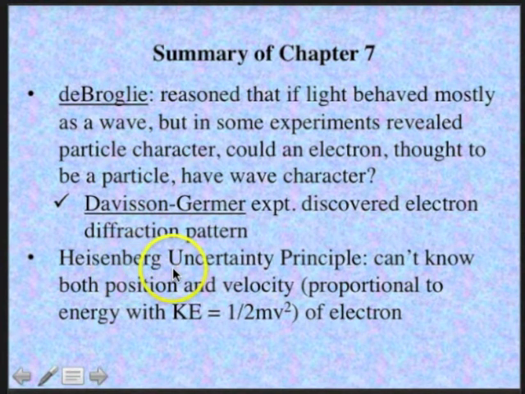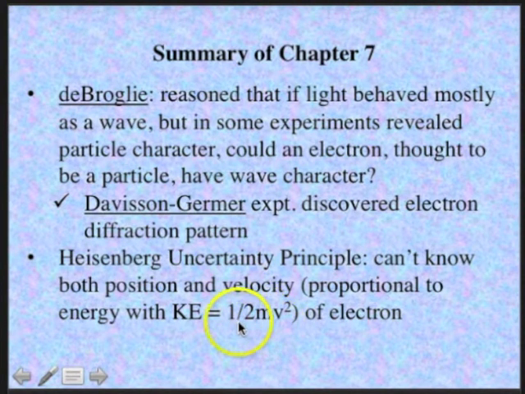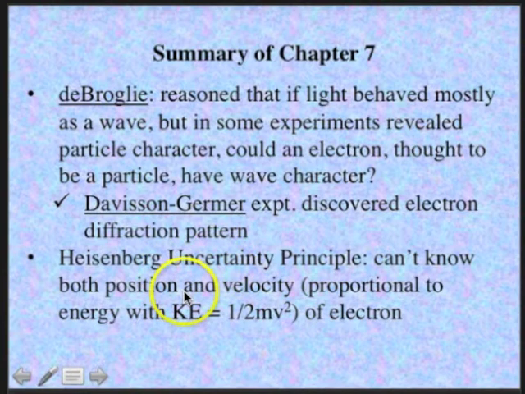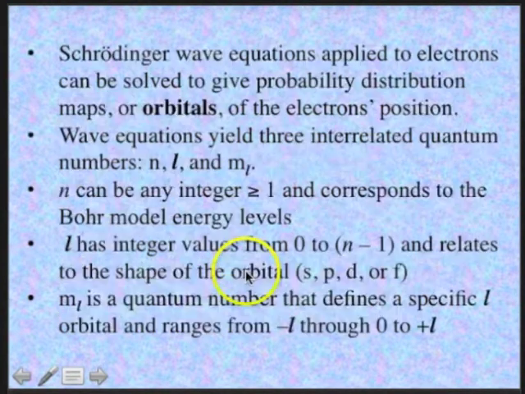Heisenberg came up with his uncertainty principle that we can't know both the position and velocity of an electron. And another way of saying that, because velocity is proportional to kinetic energy, is to say you can't know both the position and energy of an electron.